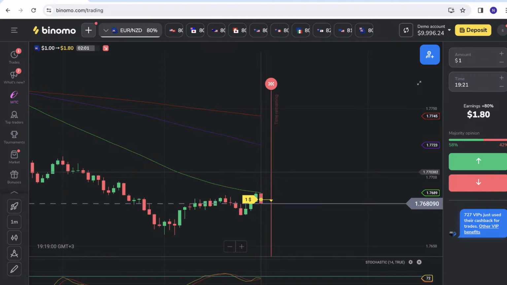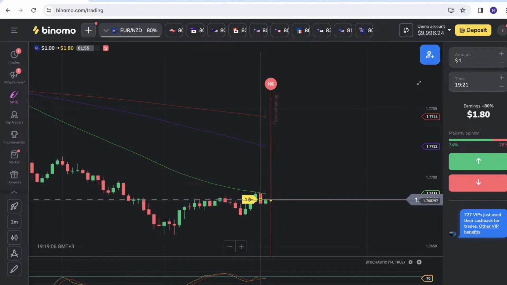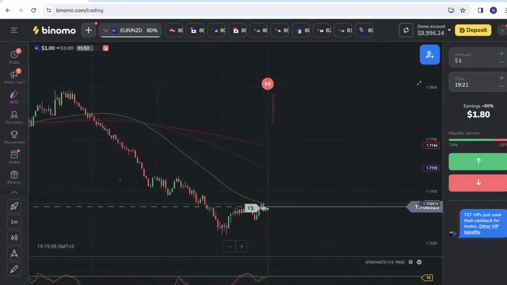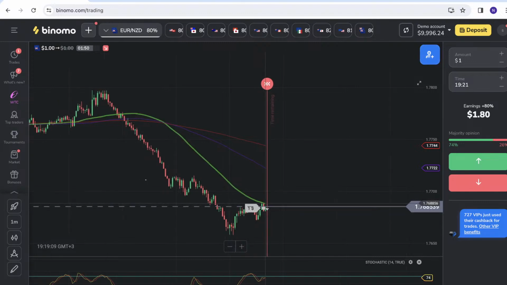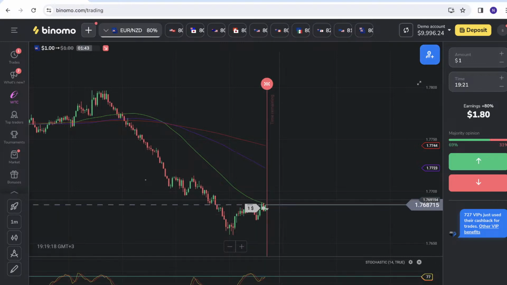We opened a trade here just because price was testing the 50 period simple moving average. Stochastic didn't give us a signal, but I just want to show you more examples. That's why I decided to open a down trade.